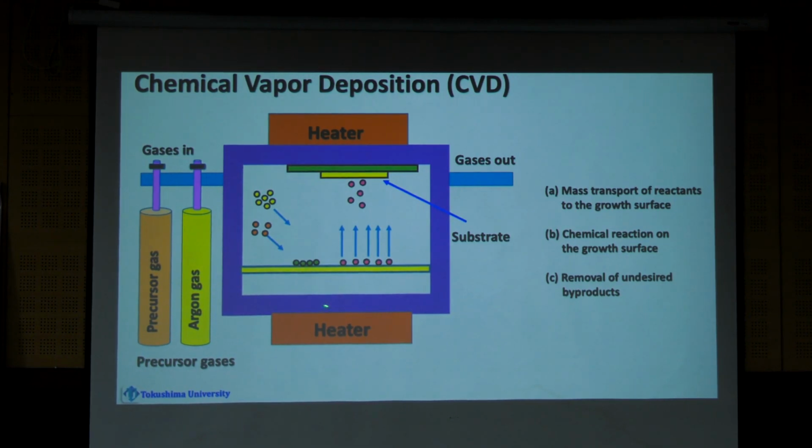Now, the chamber has a certain high temperature. This high temperature will break CH4 into carbon and hydrogen. Your target is to deposit carbon, so you don't need hydrogen. The argon gas will push this hydrogen to the gas out or exit. Okay. The remaining C, that is carbon, will be pushed toward the substrate.